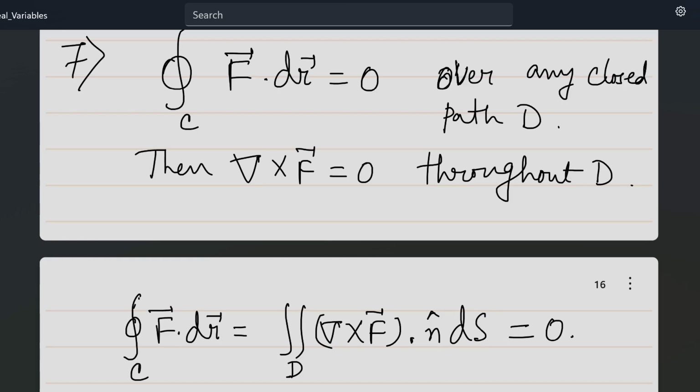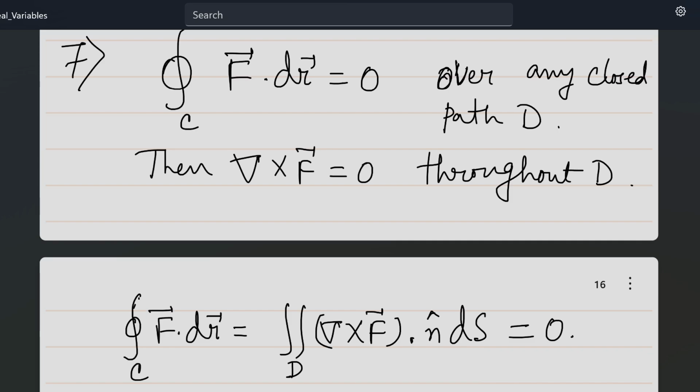But if D is closed, suppose I mean the loop is closed, and F is conservative, then it is true, na? I told you.